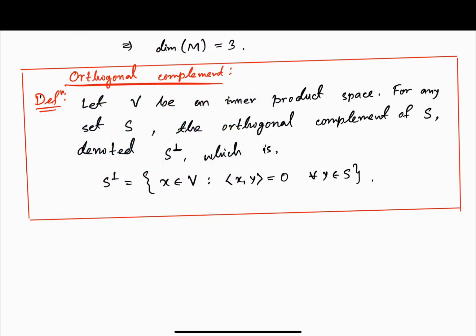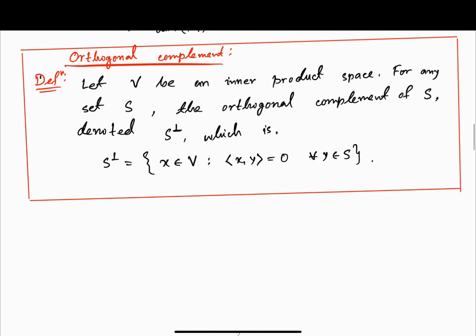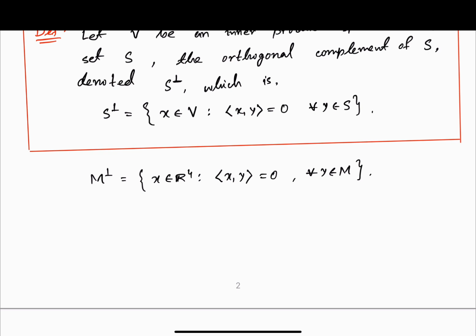M is this vector subspace, so M perp will be all x in R4 such that the inner product of x and y is 0 for all y in M. We have to find the dimension of this subspace M perp, because it is automatically a subspace. As we said, M perp will always be a subspace of the vector space, so this is a subspace of R4.